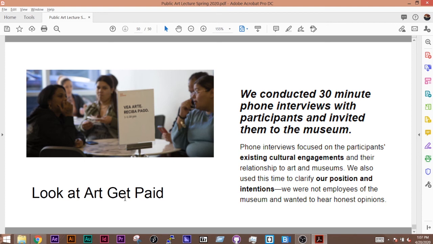And it was people who might not have English as a first language or accessibility issues, and they come and visit the museum and then give feedback and talk about their experience of being there.